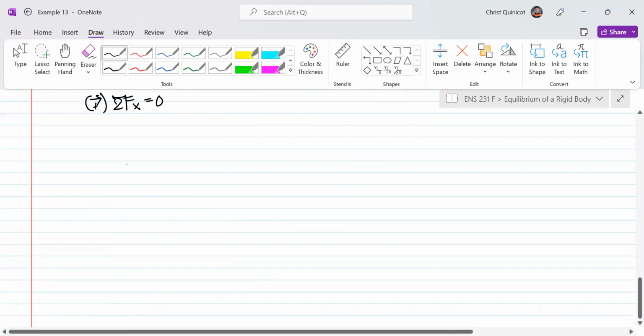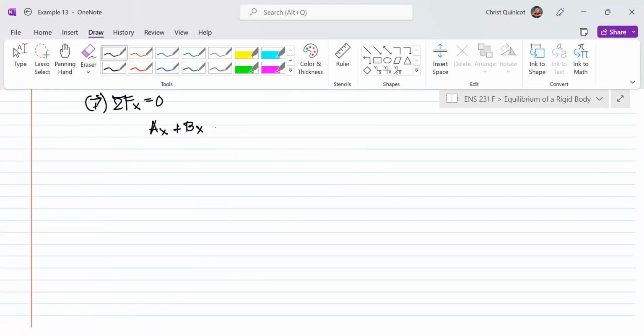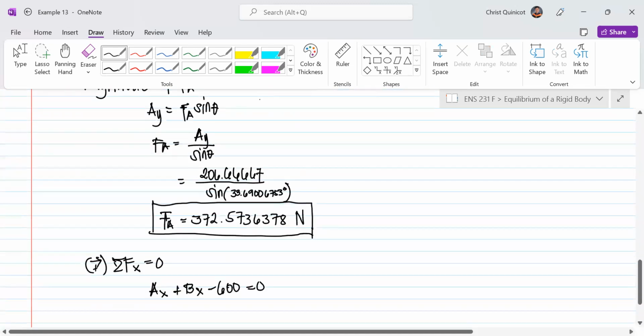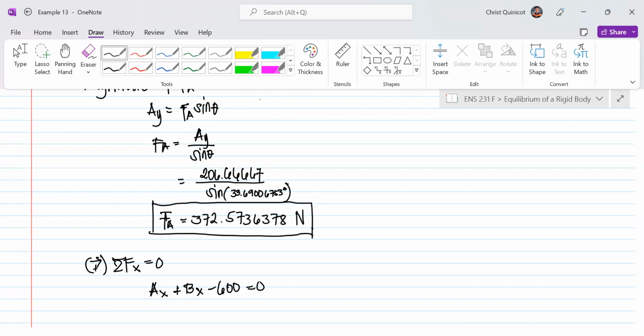So therefore, this is A sub X plus B sub X minus 600 is equal to 0. Since we are tasked to find B sub X, A sub X can be calculated since the magnitude of the resultant at A is obtained already.